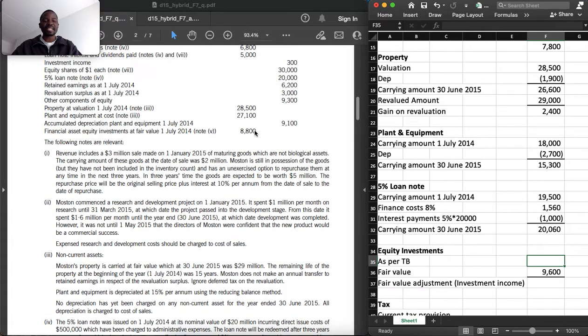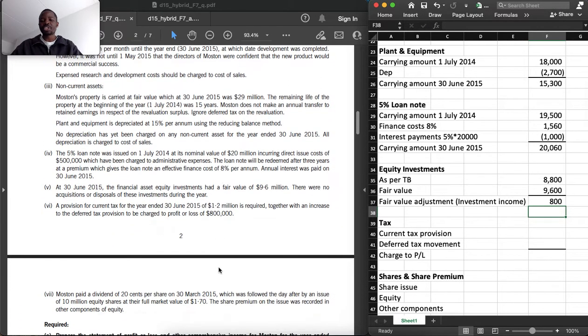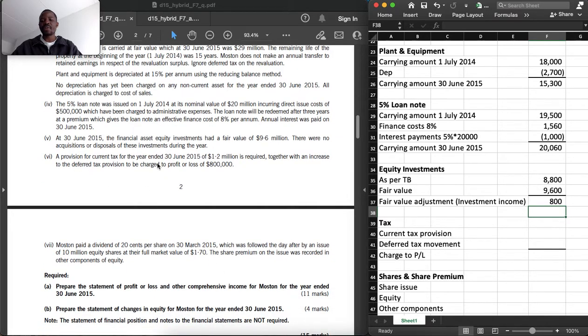The financial asset is what? 8,800. So it has increased in value by 800. That is a fair value adjustment, or the investment income, that we will add to our statement of profit or loss. Let's continue to our note number 6.